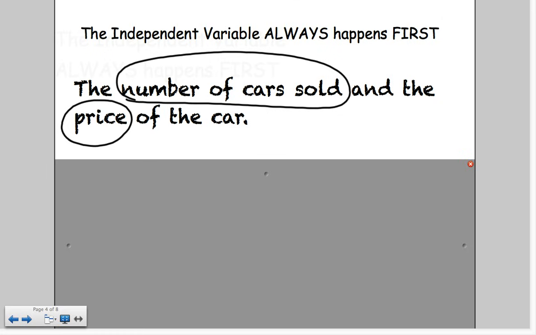Now in this situation, if you don't price the car, there are no cars to be sold. There is no number of cars that can be sold. So the price of the car is your independent variable because it has to happen first. Then the number of cars is the dependent variable. The relationship here is the higher the price, the fewer cars that are sold. The lower the price, the more cars that are sold.